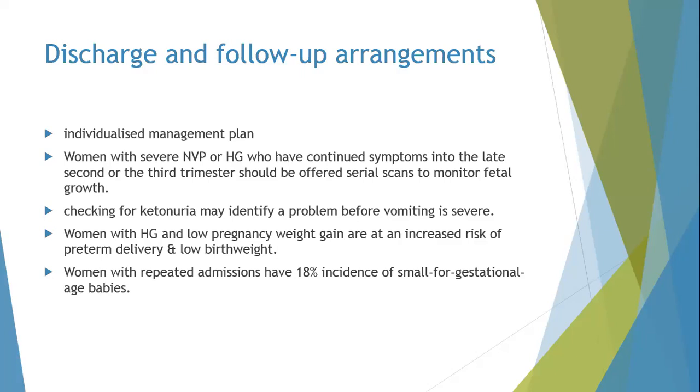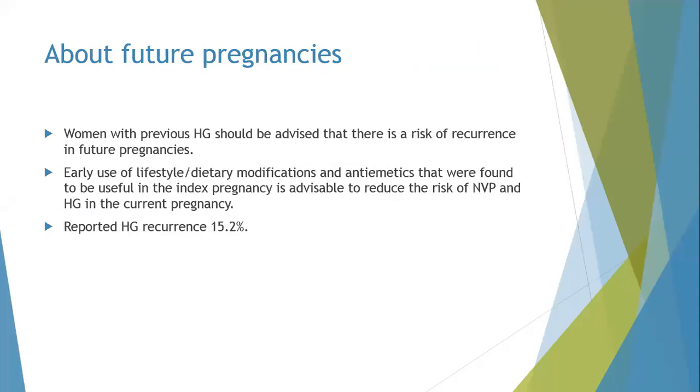Women with repeated admission have an 18% chance of a small for gestational age baby. So that's the importance of serial scans to monitor fetal growth. Future pregnancy: we will tell her that the reported recurrence rate of hyperemesis gravidarum is 15.2.